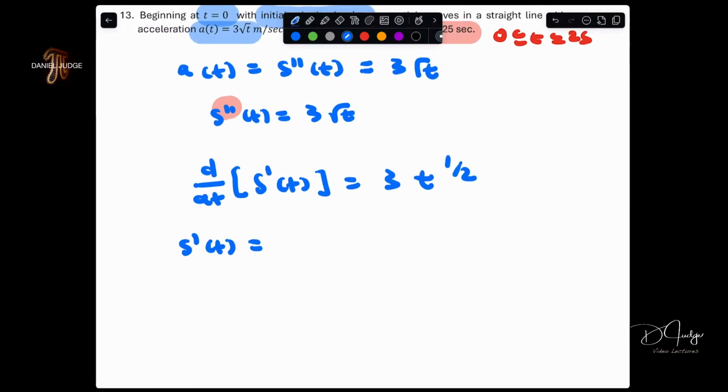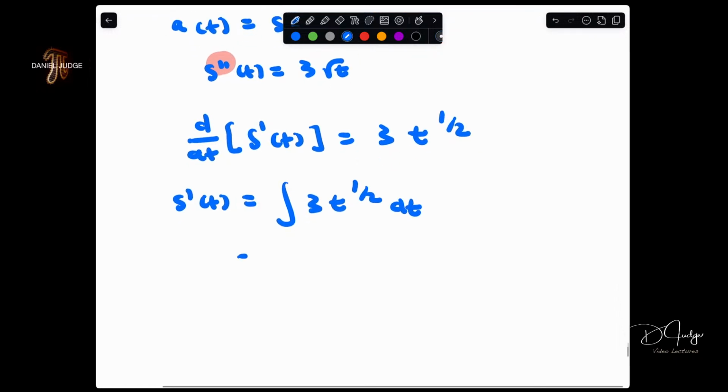S prime of t will be the integral of 3t to the 1/2 dt, which is 3t to the 1/2 plus 1, over 1/2 plus 1, plus c.